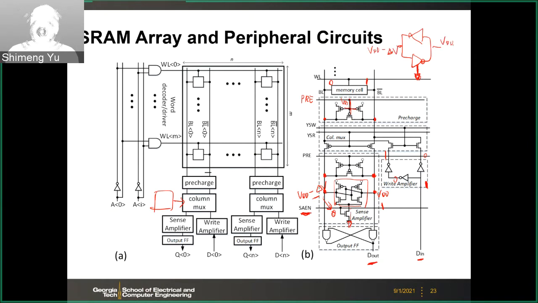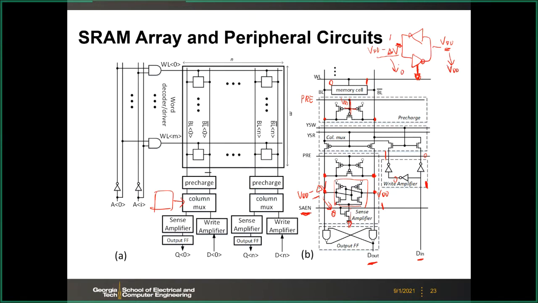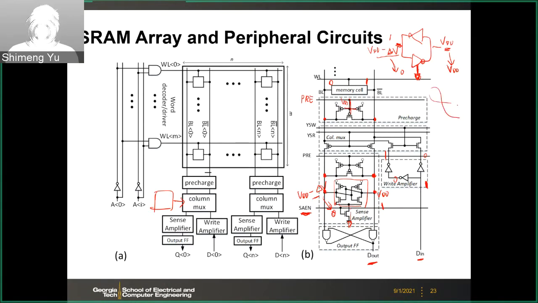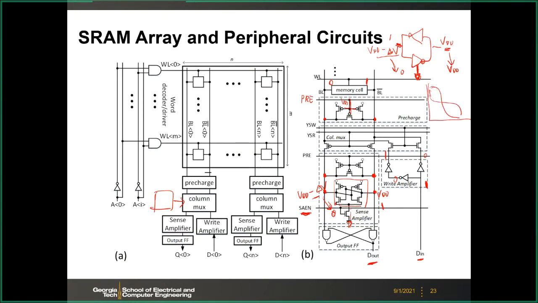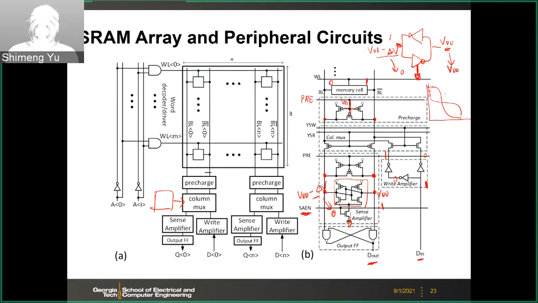We can use the butterfly curve as we discussed earlier, right? So after a few iterations, in this case, on the left-hand side, this voltage will decay to ground, and this one will stay at VDD. You can use the butterfly curve to analyze that. Initially it is somewhere here, so both nodes are at VDD.